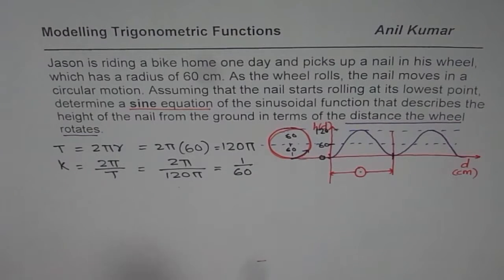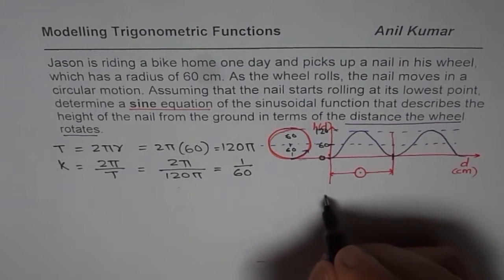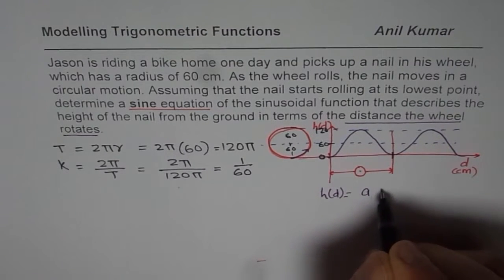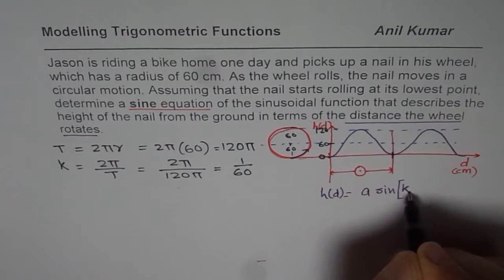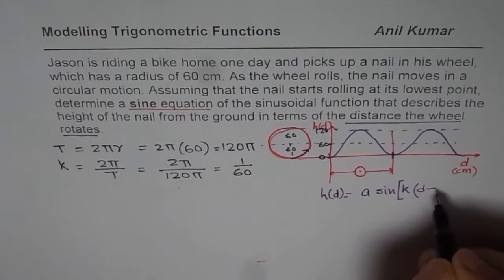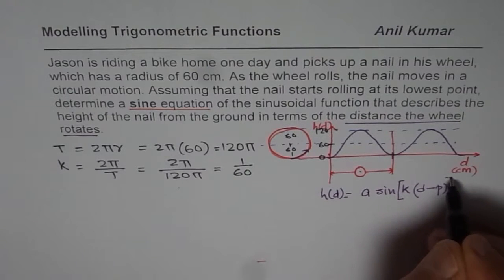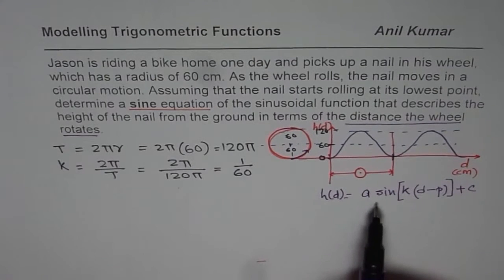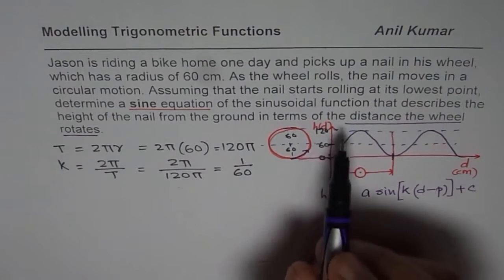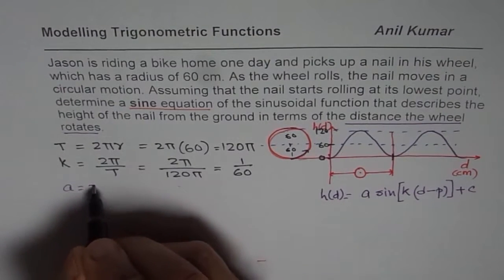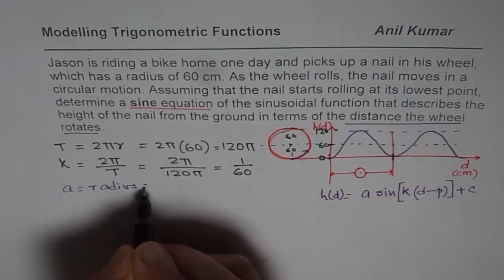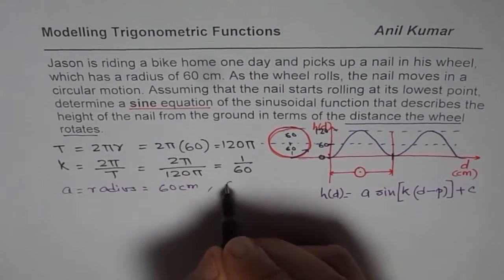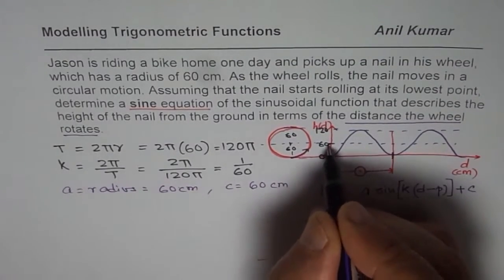Now when I'm saying sinusoidal function, we want to write the equation as h, our height in terms of distance, equals a times sine of k, distance d minus phase shift, let me write p for phase shift, plus axis, which I am writing as c. Now in this particular case, we have a, the amplitude, as the radius. So we know a equals the radius of this wheel, that is 60 centimeters. The axis is 60 and c is also equal to 60 centimeters for us, the axis.